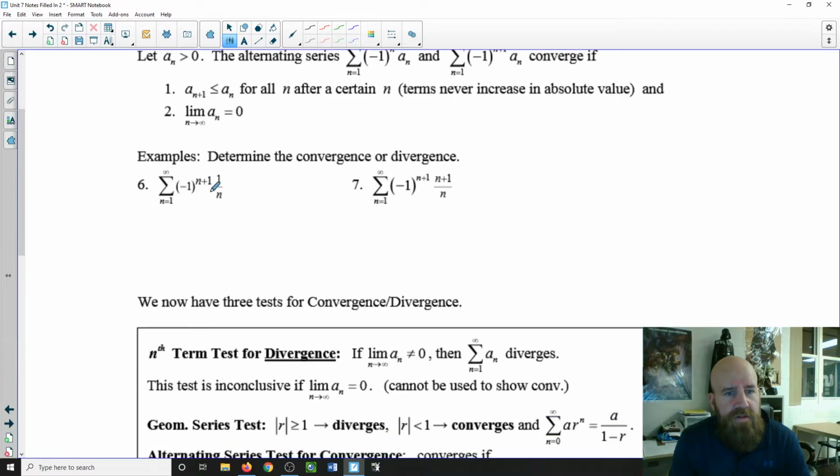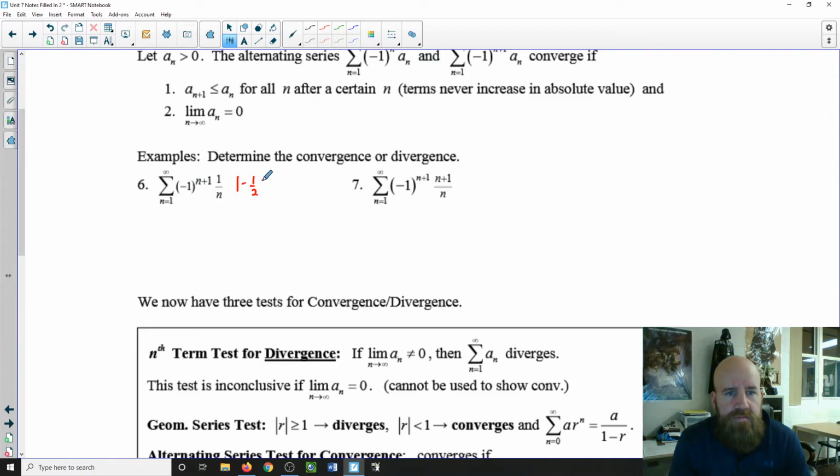So the first thing I want to look at is these 2 examples here. So now what we want to do is, real quick, we want to list out a couple terms. So if I plug in 1 for n, we end up with positive 1. If we plug in 2, we end up with a negative 1/2. And you can do these on your own if you want to pause them and make sure you get the same values that I'm getting.